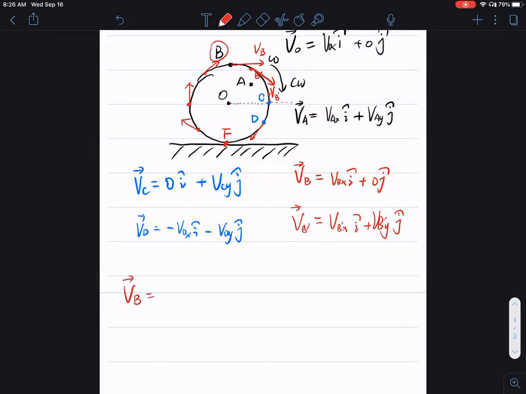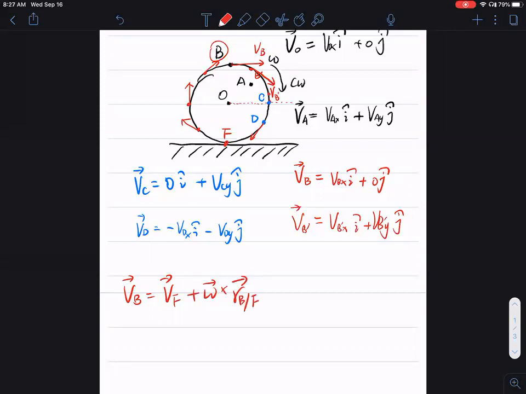VB equals VF, the contact point velocity, plus omega cross product R, where R should be RB/F.